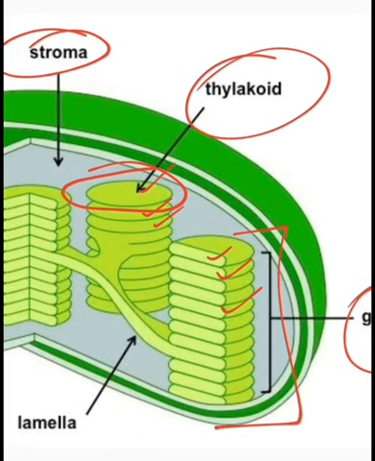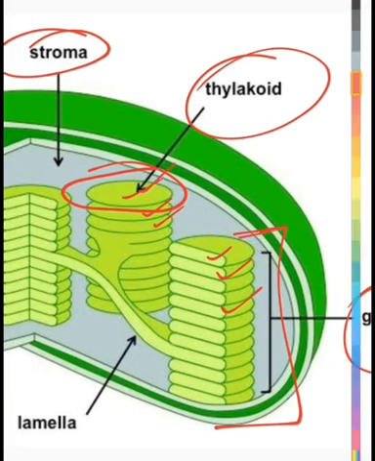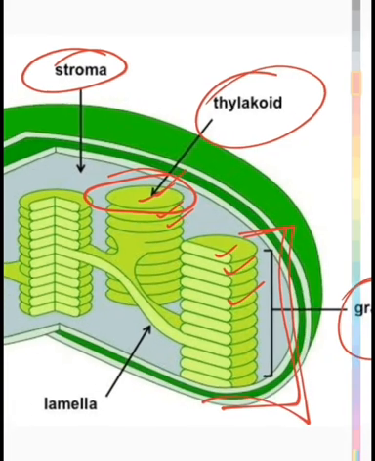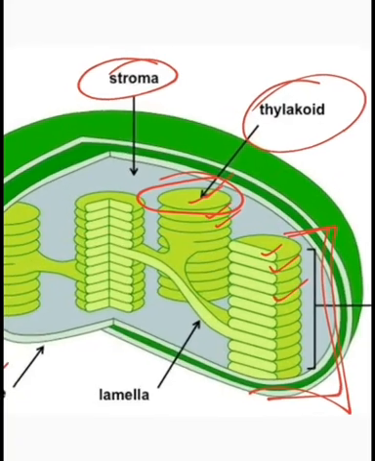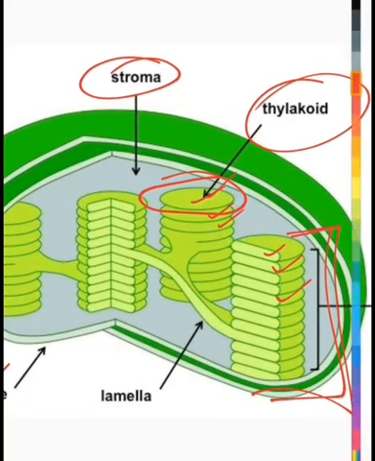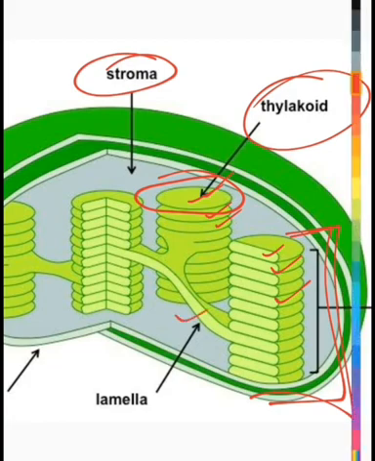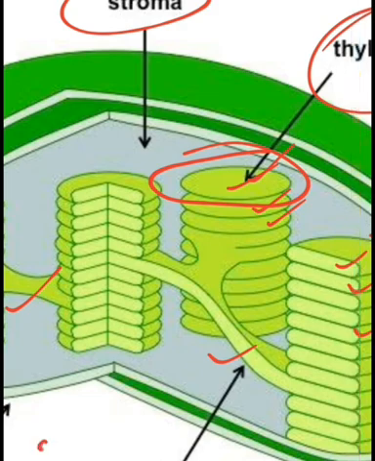This single one is a thylakoid, this whole stack is known as granum, and these grana are connected with each other. As you can see, there are connections between two or more grana. Those connections are known as lamella, or stroma lamella.